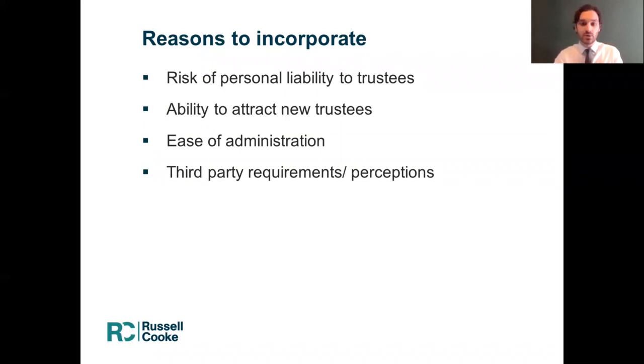In the vast majority of situations, the trustees will be able to access the assets of the charity to meet that liability. So cash in the bank, or it can sell some of the charity's assets to get sufficient cash to pay off the liability, or hopefully there will be proceeds of a relevant insurance policy as well.